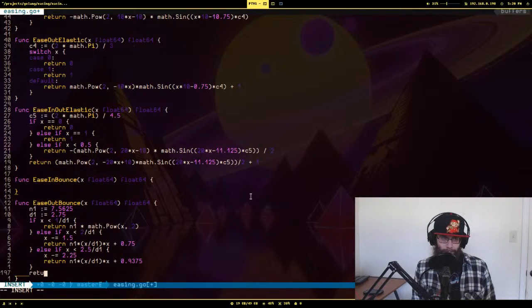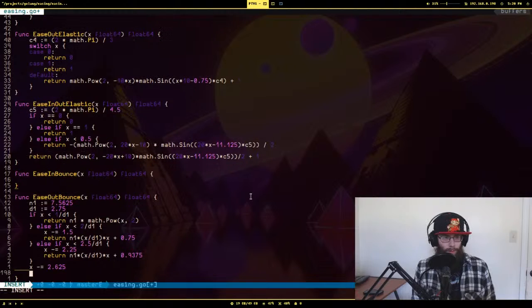And lastly, x minus equals 2.625. Return n1 times x minus d divided by d1 times x plus 0.984375.